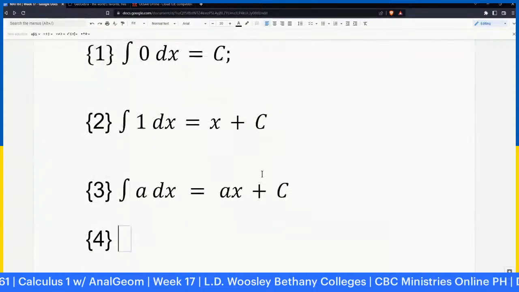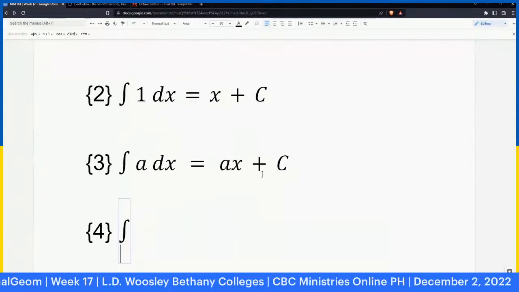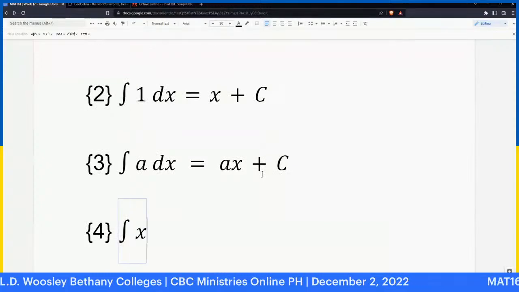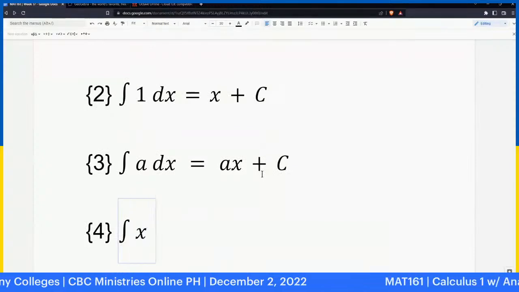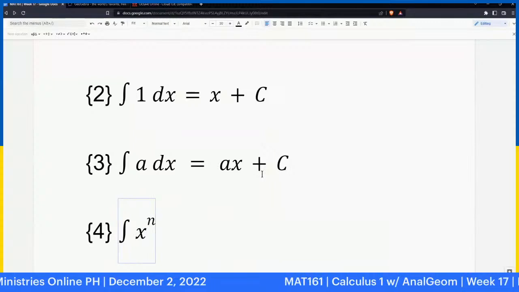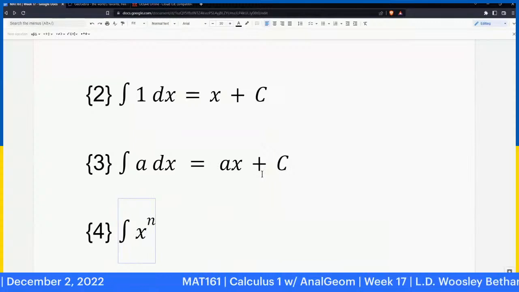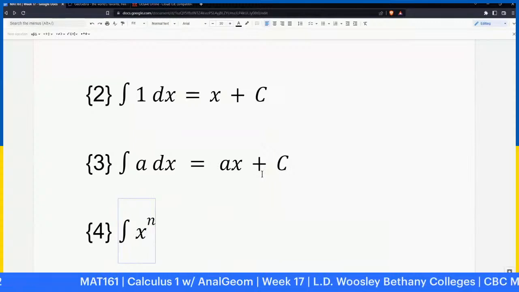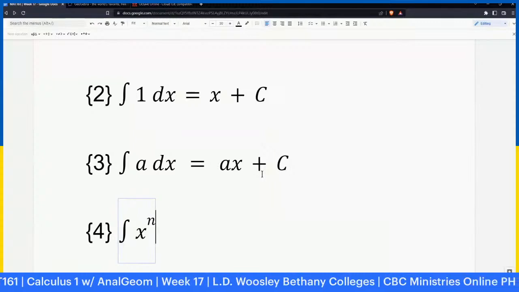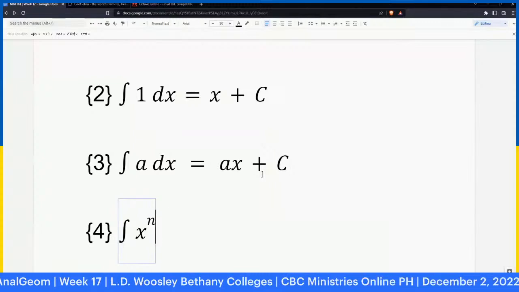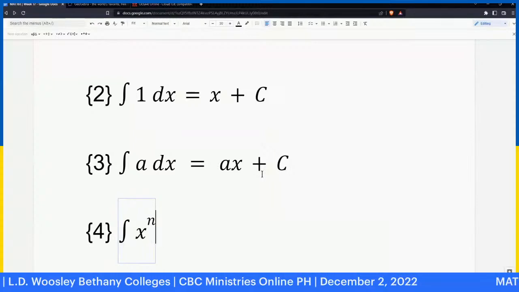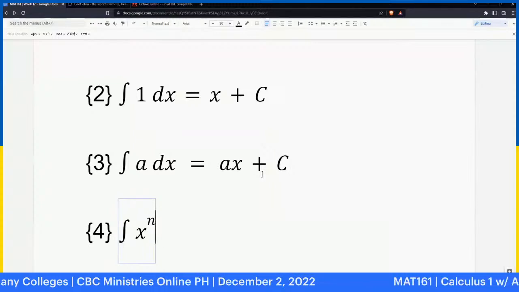Okay, next. This one is a useful tool. Integral of x raised to n. So for derivative, you are diminishing your power, right? Derivative of x raised to n. Can you recall Gian or Noraline? Derivative of x raised to n?